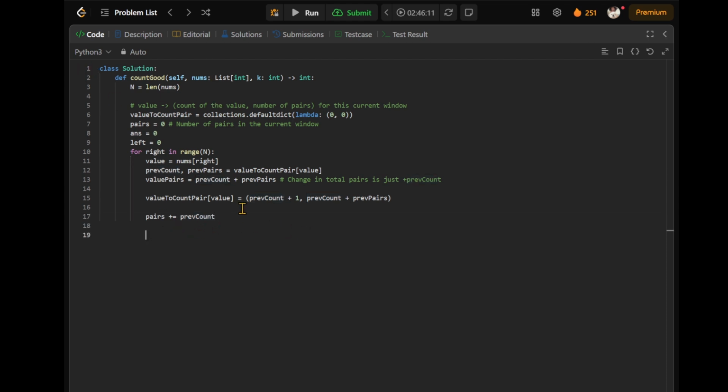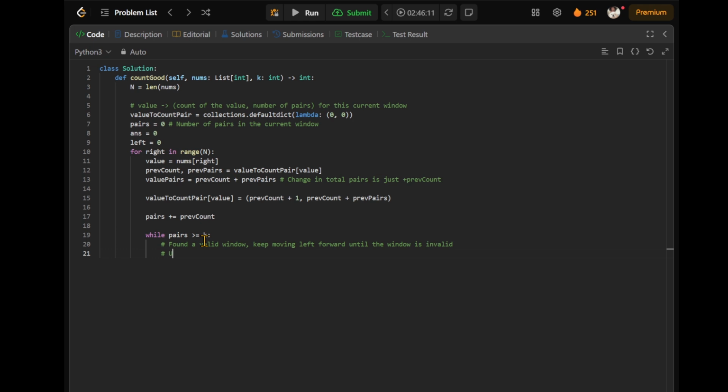So now for the sliding window, if we have a valid window, we want to move the left pointer forward until the window is invalid.